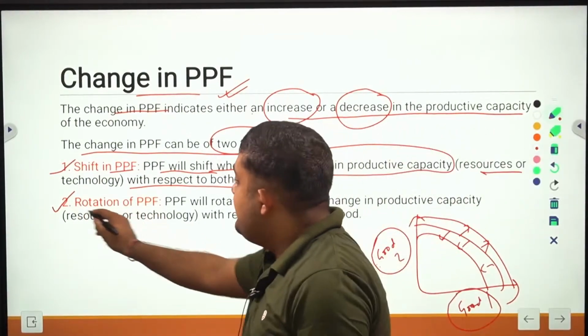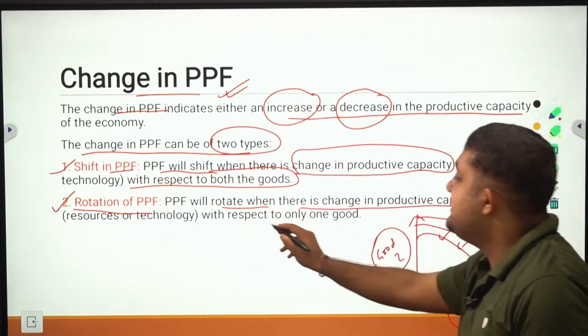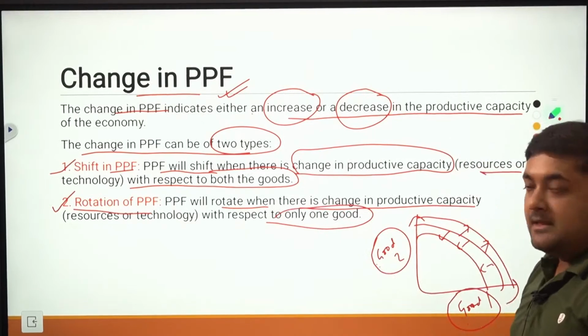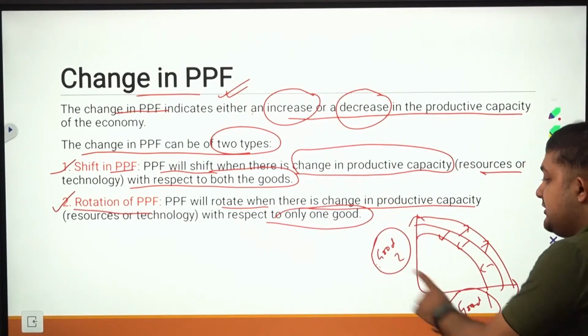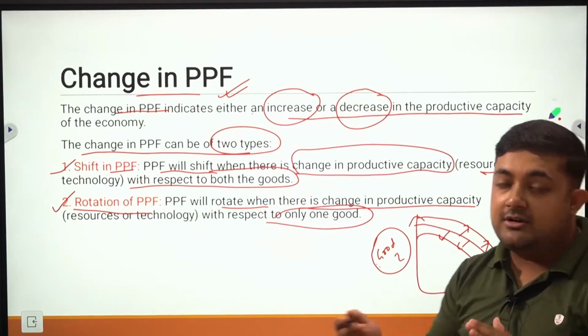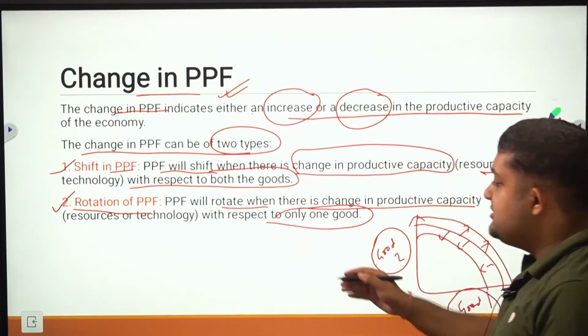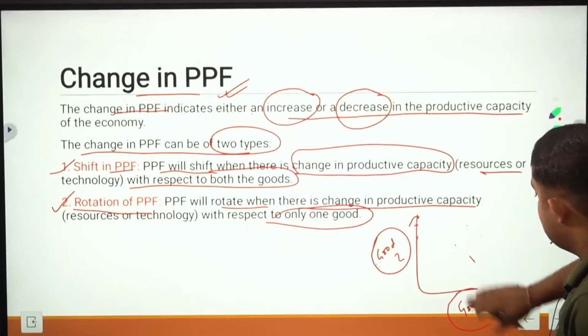And rotation of PPF কি হয়, PPF will rotate when there is change in productive capacity with respect to only one good, ঠিক আছে. So আমাৰ shiftত with respect to two goods, মানে both the goods will need to be upgraded or degraded, whatever, but in rotation only one good, either good 2 মই দেখাই দি আছো এবাৰ ড্ৰয়িং কৰি.